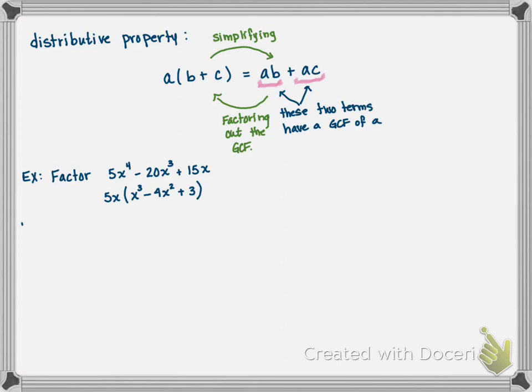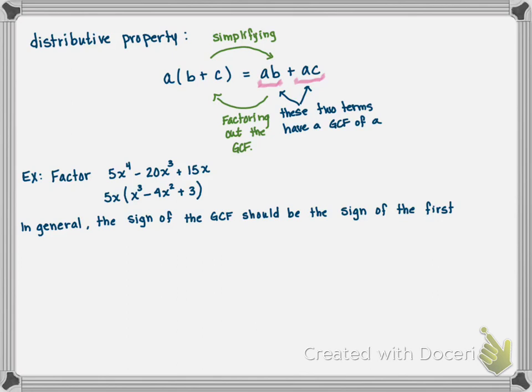So in general, the sign of the GCF that you factor out should be the same as the sign of the first term in the original polynomial.